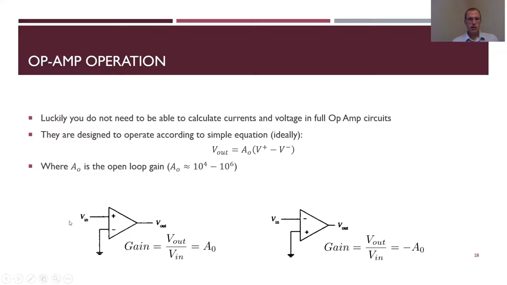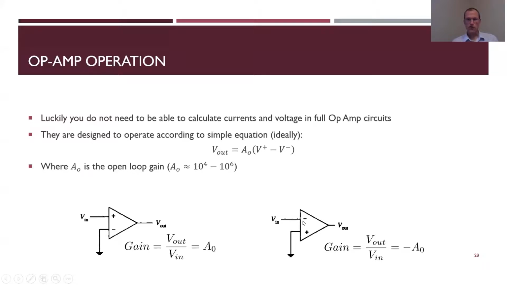If you connect it the way we have it here, this is called open loop. V in has some ground, so the difference between those two is just V in, and V out is this open loop gain. Open loop gain is generally in the neighborhood of 10,000 to a million. So pretty significant voltage amplification there.